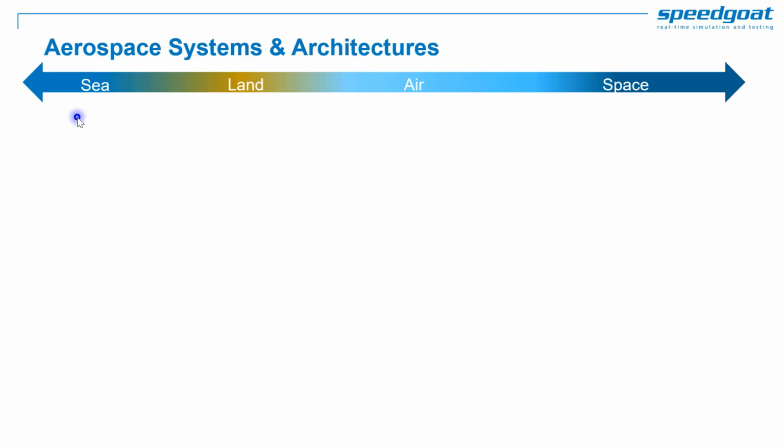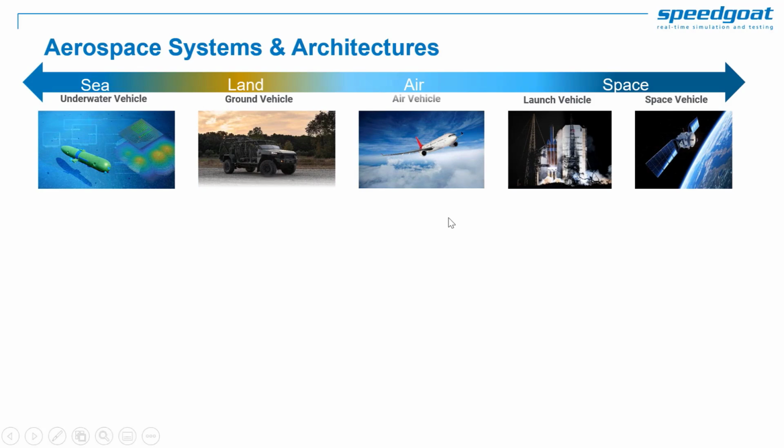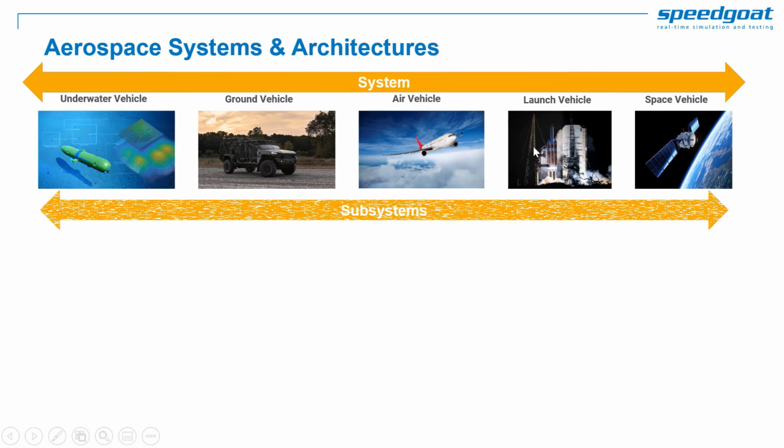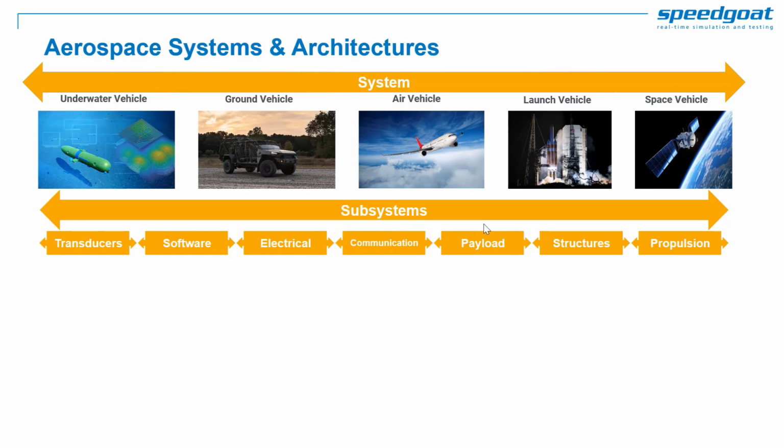The environments range from undersea to land to air all the way into deep space, and the variety of vehicles and technologies that span this spectrum is limitless. It's not just the vehicles themselves that compose the system, but it's also the subsystems involved that could be treated as systems in their own right that come together to make these complex systems practical, possible, and cost feasible.